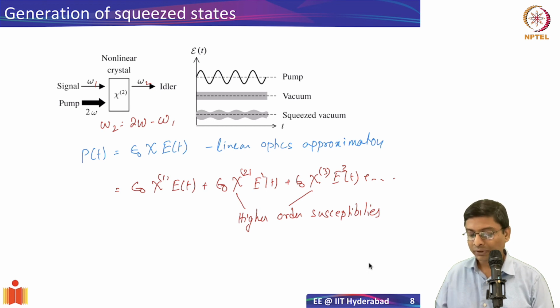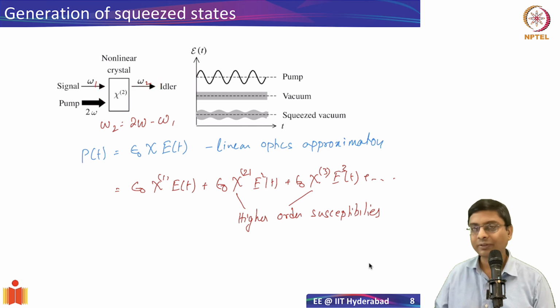Now, suppose you don't have the signal photon at all. You have the vacuum state that's ever present everywhere, right? So I have my pump, which is a very strong intensity, and I have my pump and vacuum photon. At certain points in time, the vacuum will contribute some energy to it and generate an idler photon.